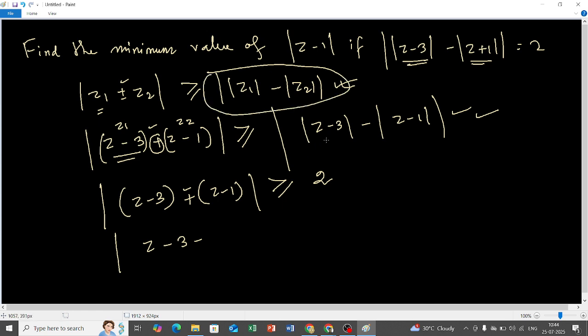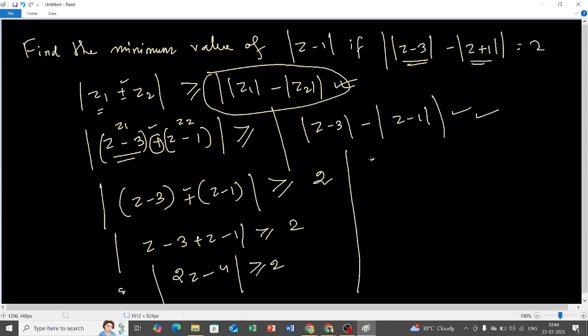So mod of mod z minus 3 minus mod of mod z minus 1. Now this is going to become mod of z minus 3 plus, opening the bracket, 2z minus 4 is greater than equals to 2.